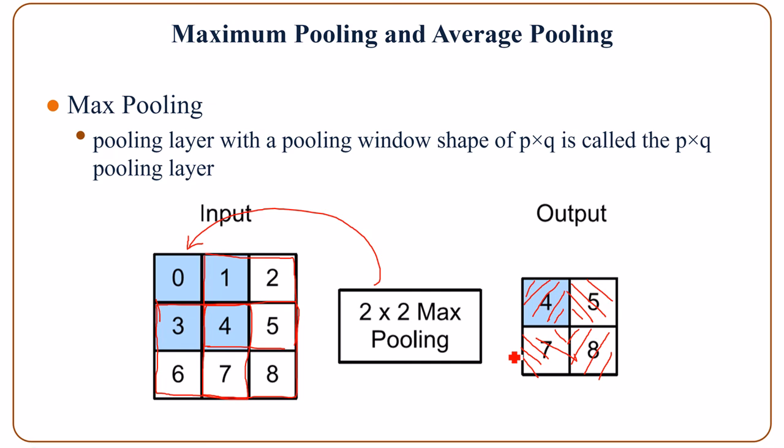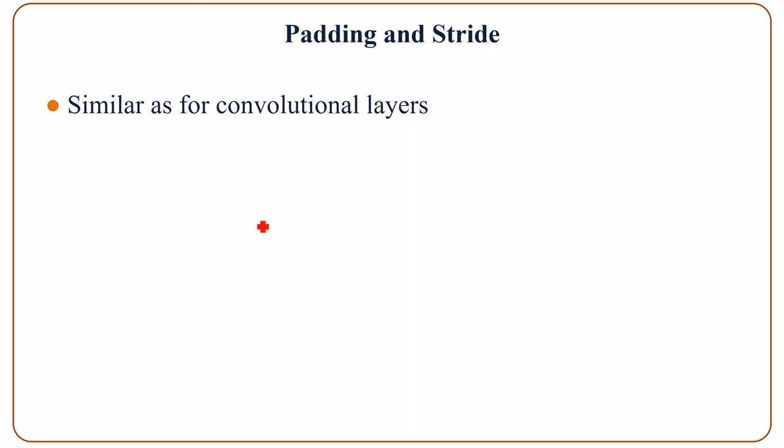With average pooling, the difference is that we take the average instead of the max. We also have padding and stride.